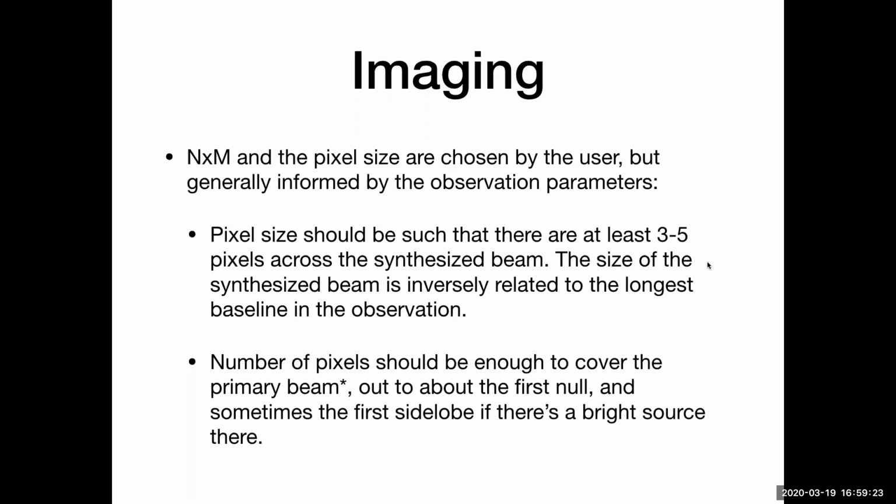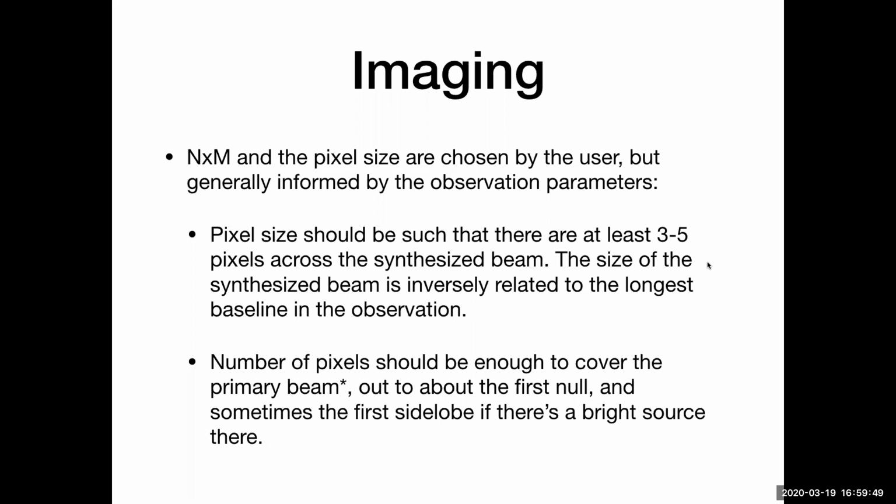In VLBI, things get a little bit messy and complicated, because the point of very long baseline interferometry is that the very long baselines give you amazing resolution, so you have very small pixels. And if you image the entire primary beam with your very tiny pixels, you might have hundreds of thousands of pixels across, and then square that. It's too computationally expensive.